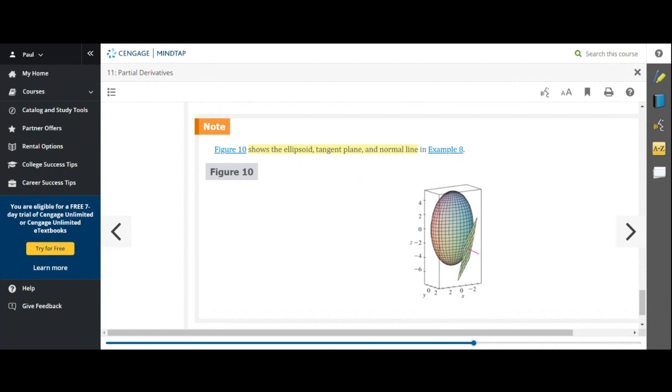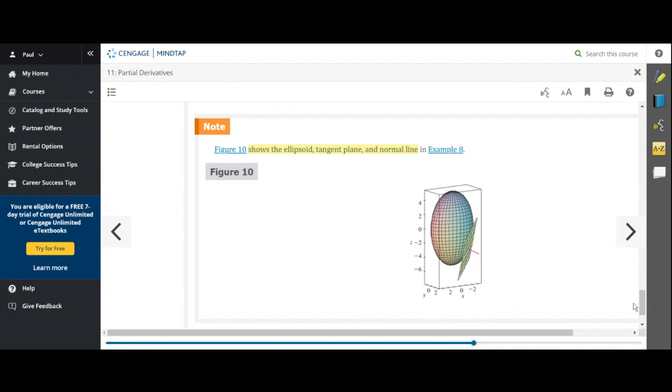Well, remember, for parametric equations of a line, you need a point on the line and a direction of the line. And we have that because the gradient vector gives the direction of that red line in figure 10, that's normal to the plane. And we know the point on the plane.